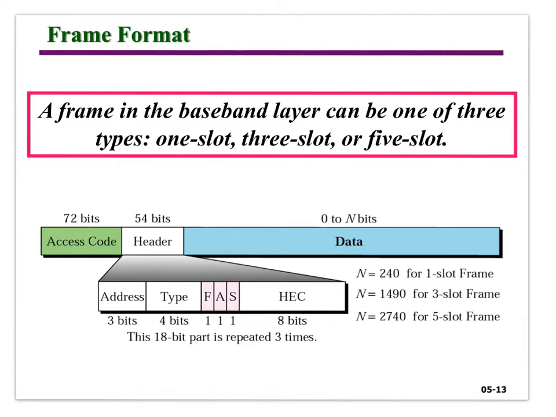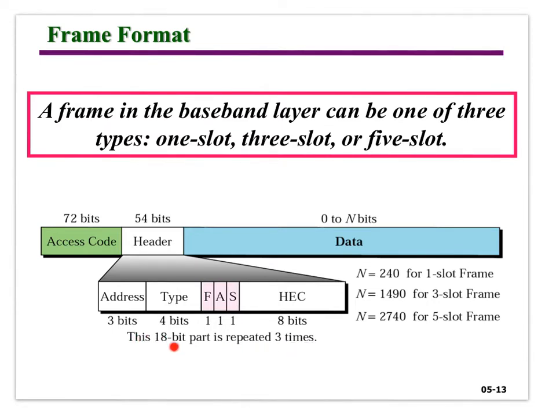So specifically for one type of connection that we will talk about today, which is the SCO, or the synchronous connection oriented, which is particularly designed for voice transmission, the retransmission will not be used. Okay, so stop and wait ARQ, or automatic repeat request, does not use any retransmission.